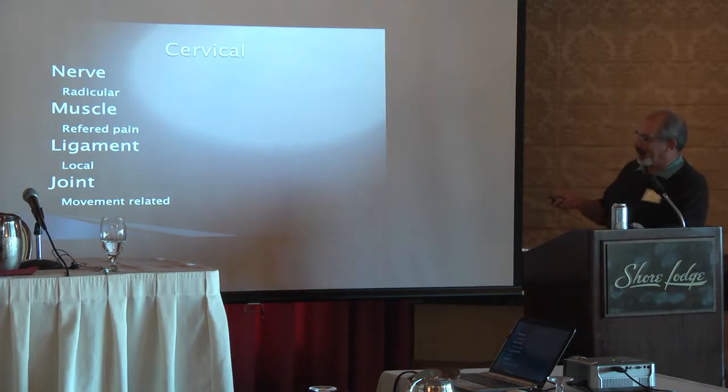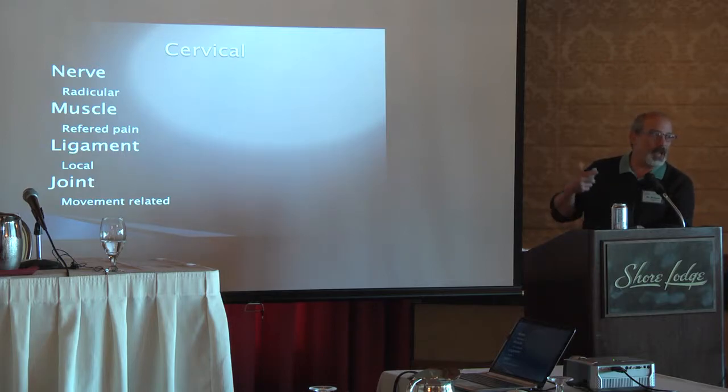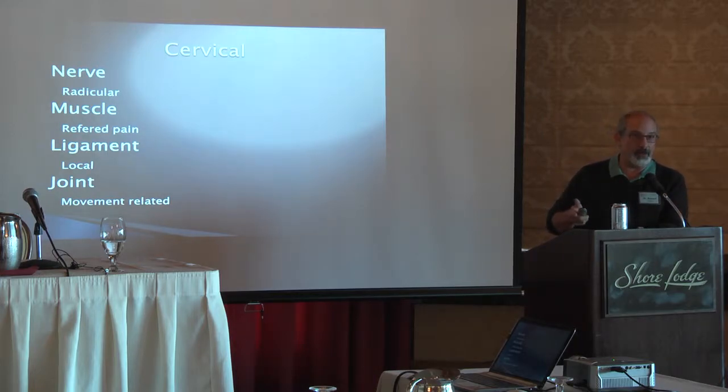So in the neck, the cervical spine, when I go through this examination, these are the things I'm thinking about. A pinched nerve root in the neck has a fairly typical, or what I call stereotypic, distribution of pain. It's different than the referred pain distribution from myofascial pain.